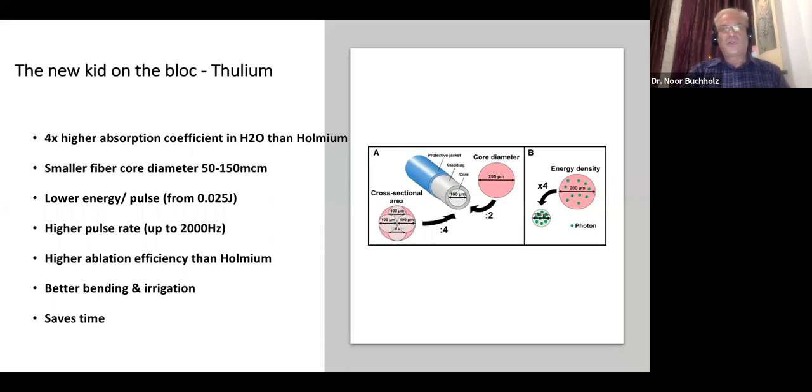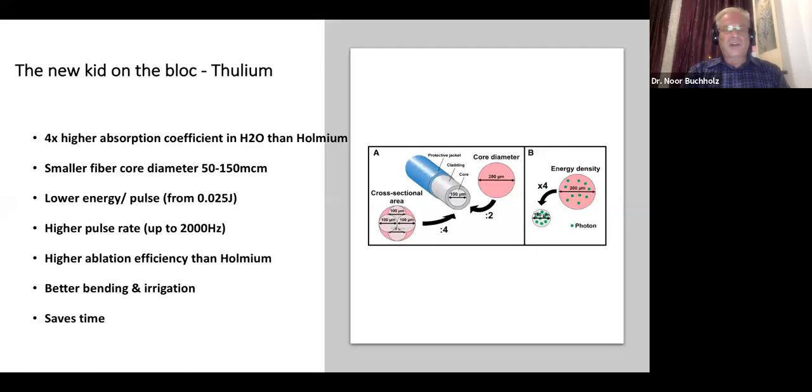So where we're using in the holmium laser fibers of 250, 400, and roughly 600 micrometers, the thulium laser can use fibers of 50 to 100 micrometers. It has much lower energy per pulse, and we're coming to the energy settings later, from 0.025 joules, and a much higher pulse rate, up to 2000 hertz.